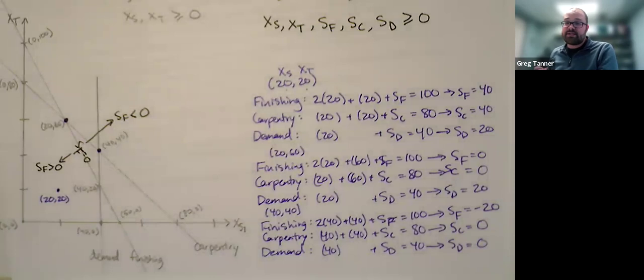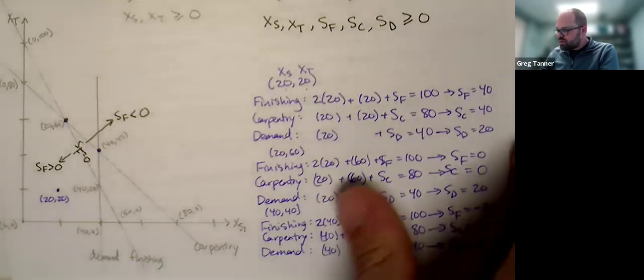The other thing is that these slack variables encode which side of the constraint we're on. If the slack variable corresponding to a constraint is positive, we're on the right side of the constraint and away from the constraint. If the slack variable is 0, we're on the boundary of that constraint. That resource, whatever it is, is actually limiting our production. If we have a slack variable that's negative, then we're on the wrong side of the constraint.